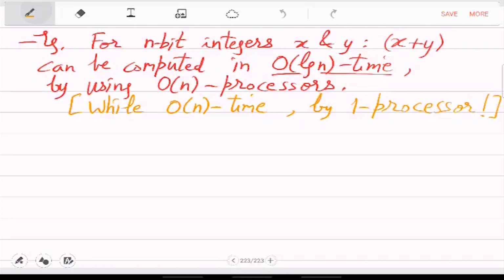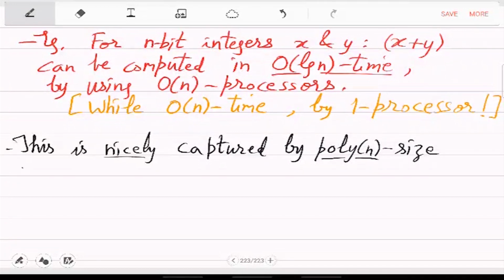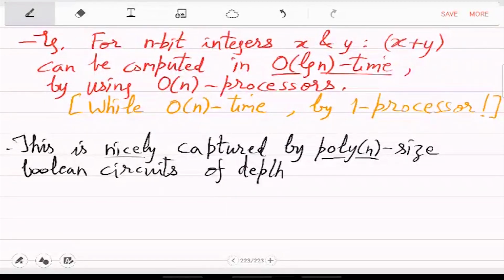So, now this is nicely captured by Boolean circuits of depth poly log n.